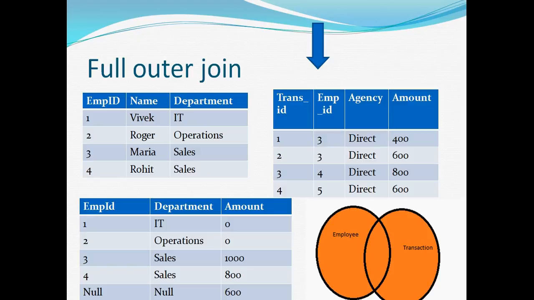When somebody sees the output, they will understand that there are certain employees who are doing business for me, but their entry does not persist in the employee table. I will go ahead and ask my ODS team or source system that I'm getting certain transactions for certain employees but I don't have their details in my system, and ask them to send me those details.